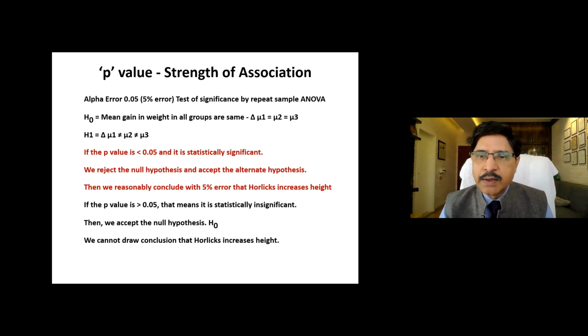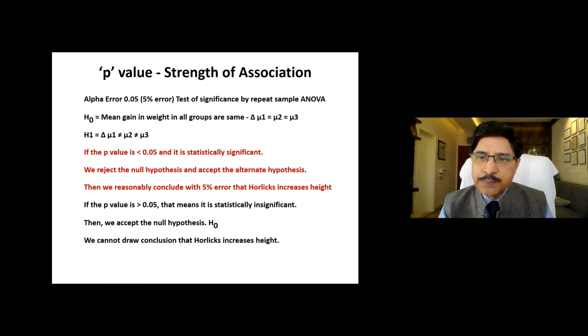So this is quantitative data, repeat measurements, and multiple groups, not two groups. If two groups, we could have used a paired t-test, but it is not two groups. What are the three? More than two groups? Horlicks group, milk group, and control group.